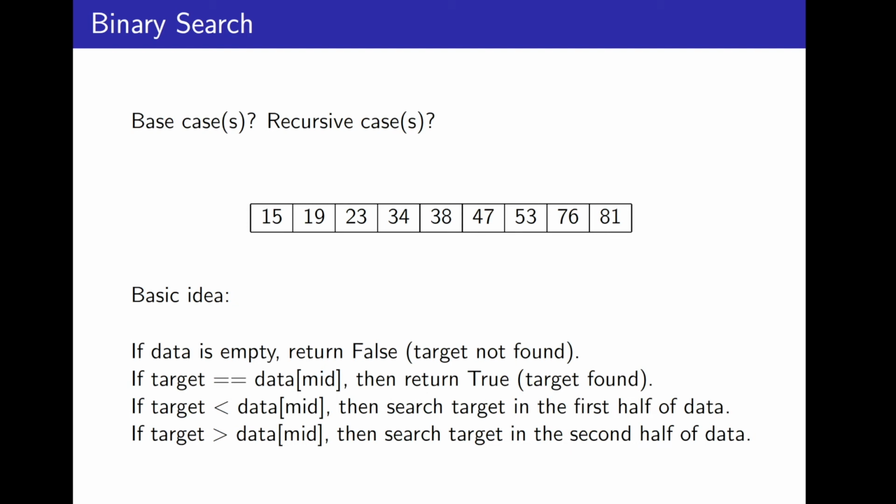There is no point in exploring the second half of the list because their values are greater than or equal to the middle element. Remember that binary search requires a sorted list. On the other hand, if the target is larger than the mid value, we focus our search on the second half of the data.